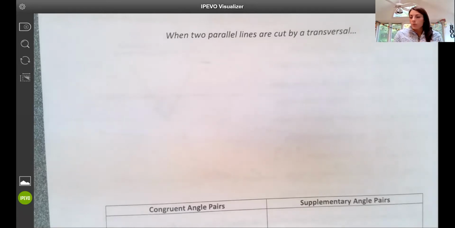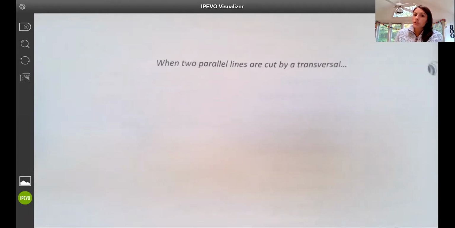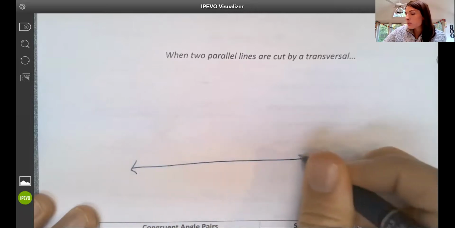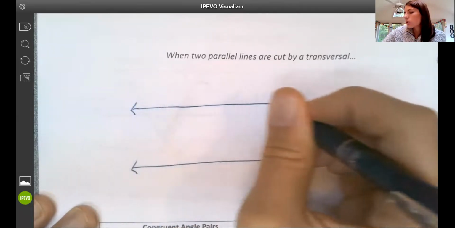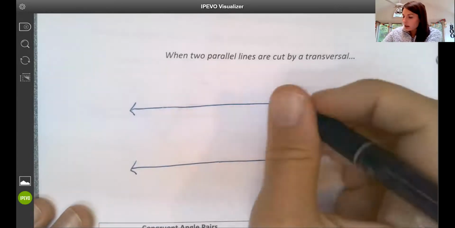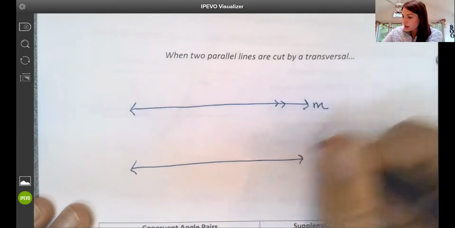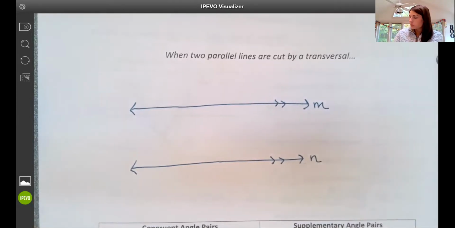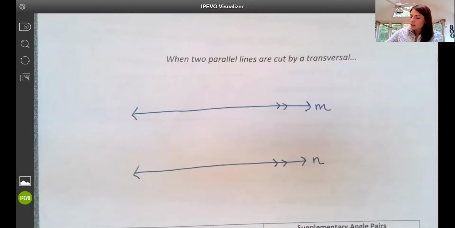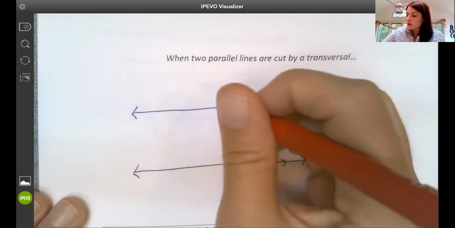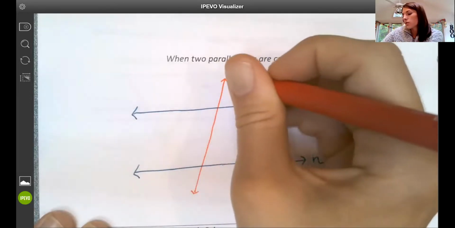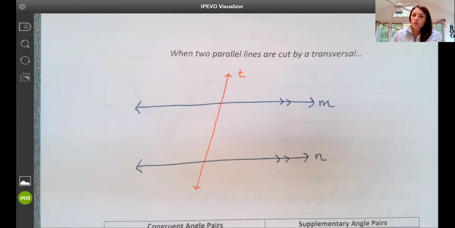The reason we care about these relationships is because when we do have parallel lines, I'm going to draw 2 parallel lines. And I'll call this line M and this line N. And when those parallel lines are cut by a transversal, which I'll call T. Yesterday we talked about this notation tells me that they're parallel.